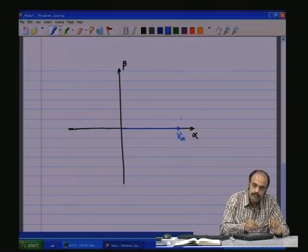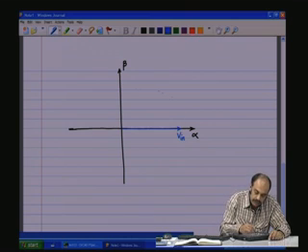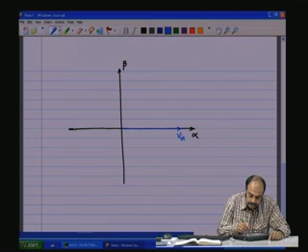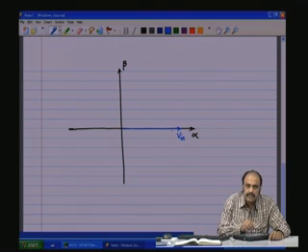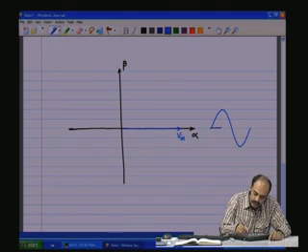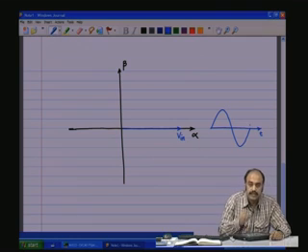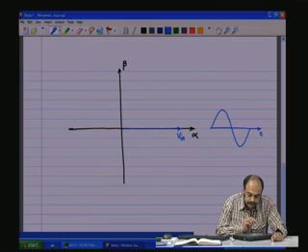Now, this is going to be rotating with an amplitude Vm, whatever it is, with a frequency of omega radians per second. And this, when reflected onto the temporal axis, will result in a sine wave, which is going to start from 0 like that. When this completes one complete circle, you will see a sine wave.